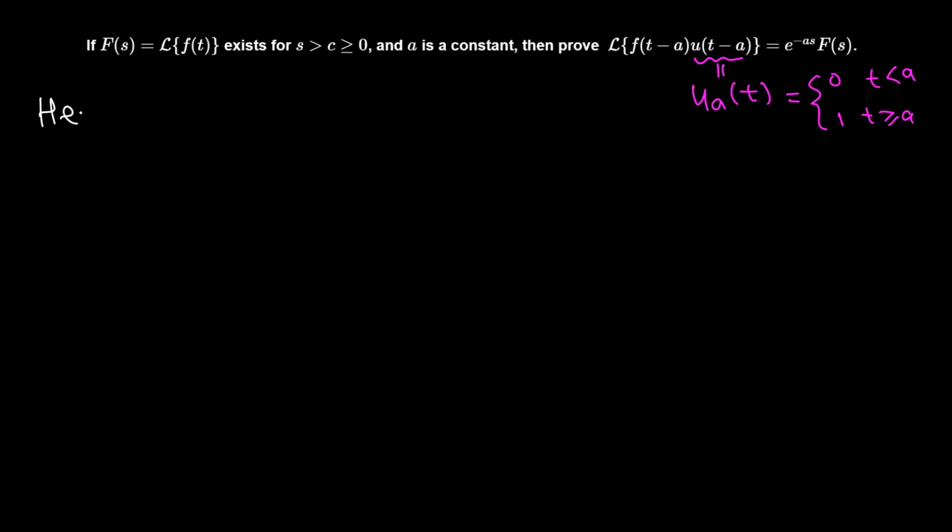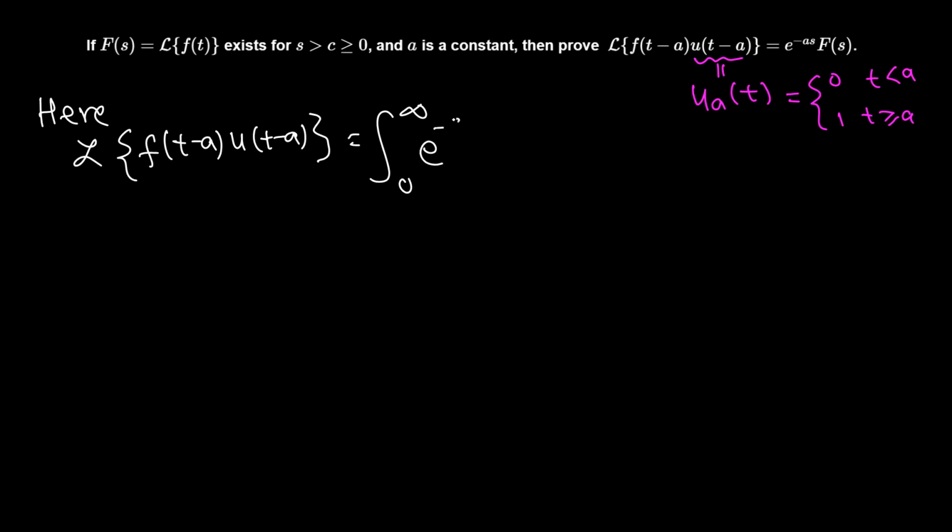So here, the Laplace of f(t minus a) u(t minus a), from the definition of the Laplace transform of any function, we get the integral from 0 to infinity of e to the negative st, just the kernel, times this function f(t minus a) u(t minus a) dt.